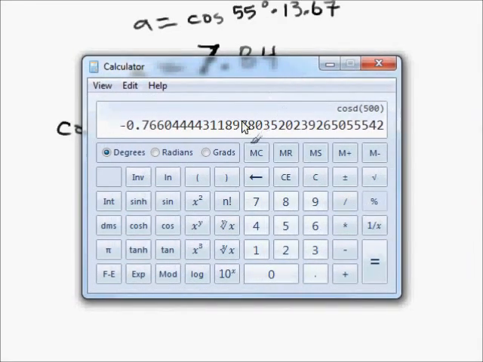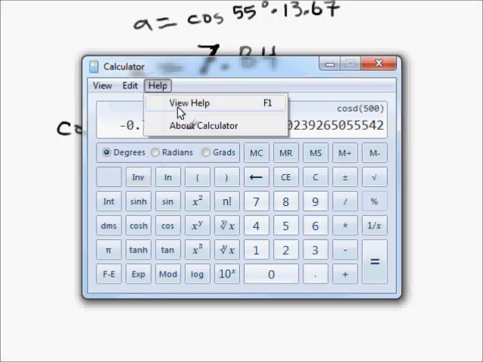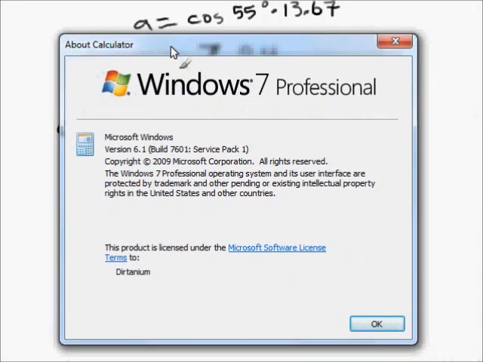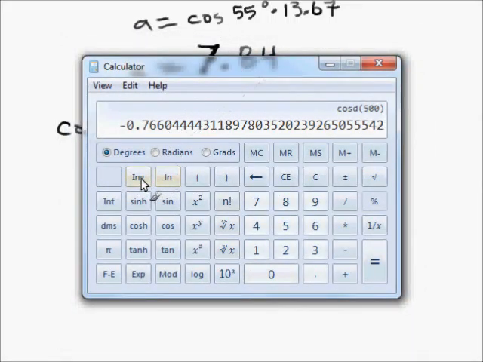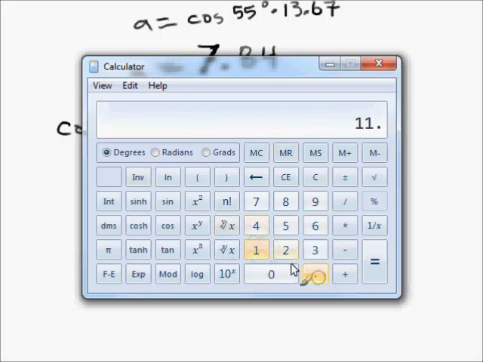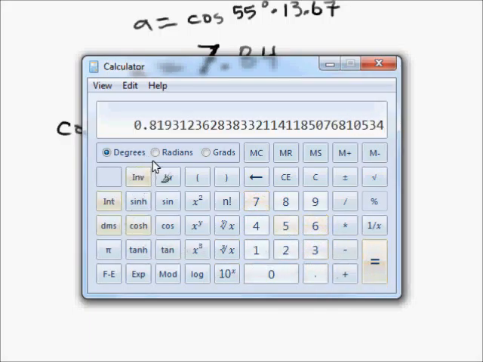On this calculator, this button, the INV, this is just the Windows calculator that's been going on forever. This gets me my inverse functions. So what I'm going to do is punch in 11.2 divided by 13.67, enter, inverse cosine: 34.98.